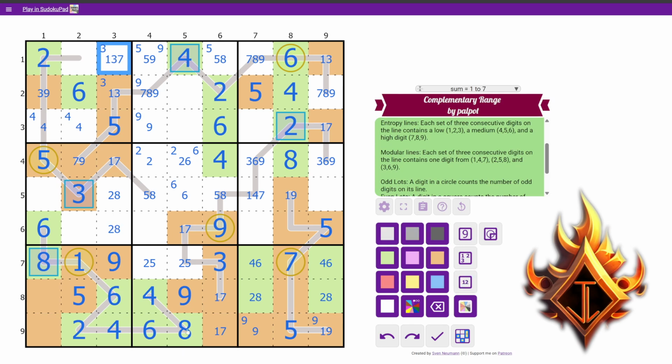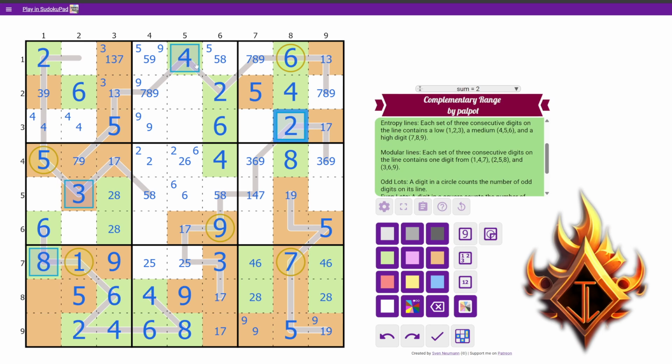Which is odd. These are even. A 4 can go in either one there. Or could go there. Actually, I need one more even, which is still looking pretty easy. What about this one?